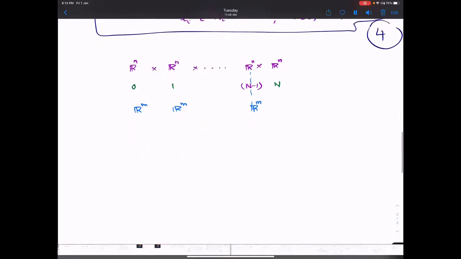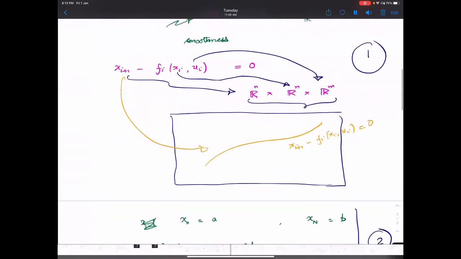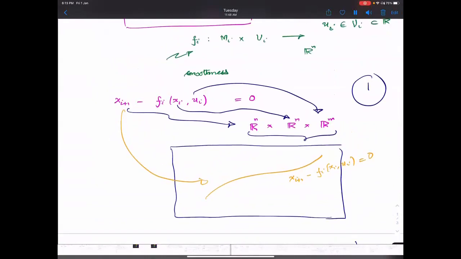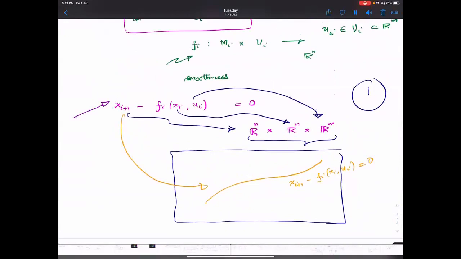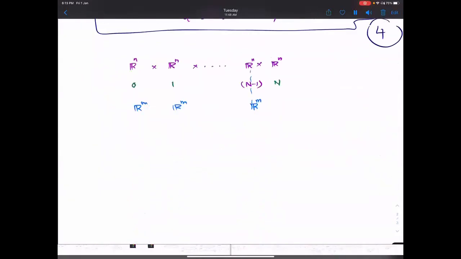Okay. So now if I decide to look at the optimal control problem just in terms of such level sets like I have done here, what I will do is concatenate these variables. So I'll have x naught, x1 through xn.